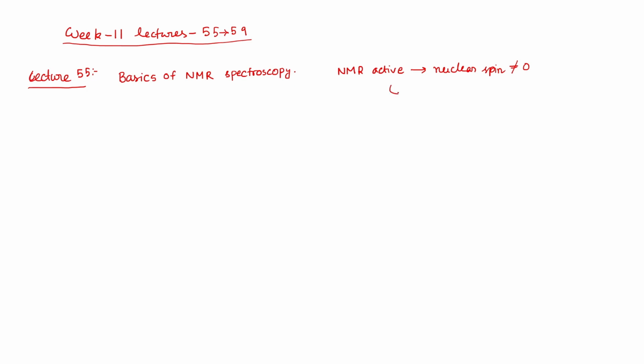In the case of even atomic mass and even atomic number, like 16O, these kinds of atoms will have zero nuclear spin.